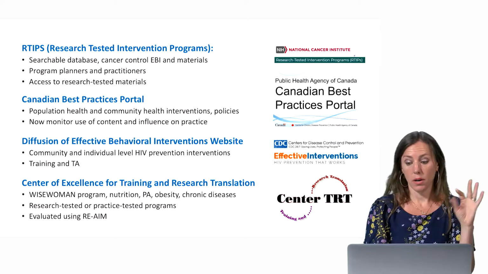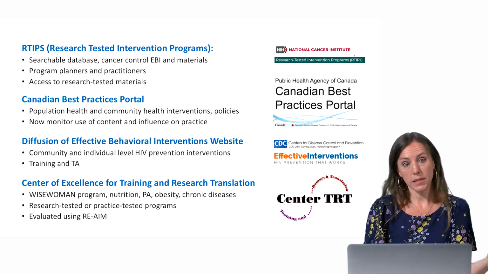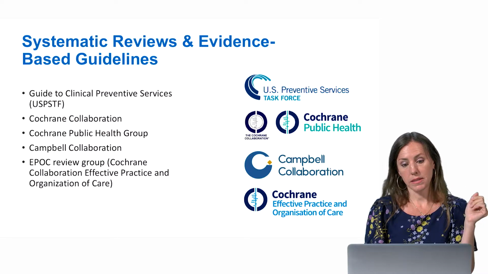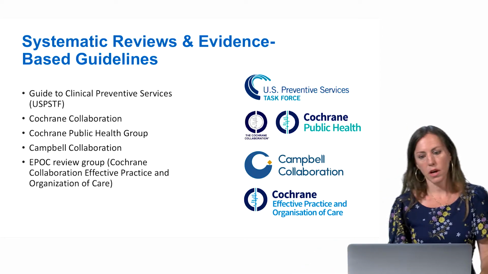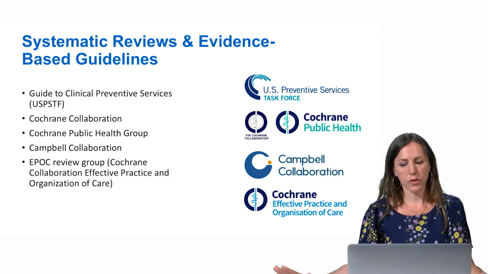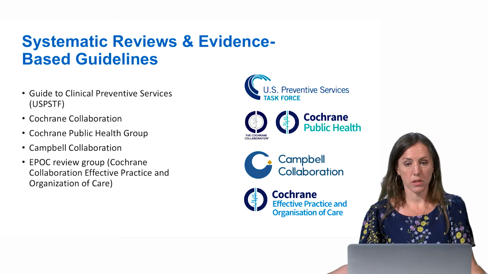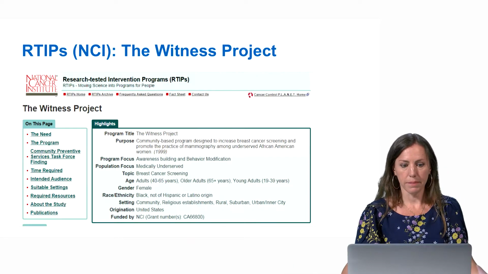So again, there are a variety of community public health and social determinants types of intervention databases that are available. And then for people who might be doing clinical work, there's lots of systematic reviews and evidence-based guidelines: Cochrane, the Campbell Collaboration, the U.S. Preventive Services Task Force. So again, lots of evidence and reviews there as well.